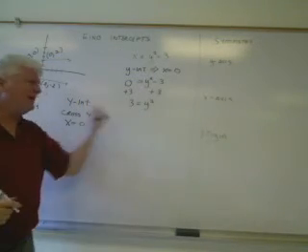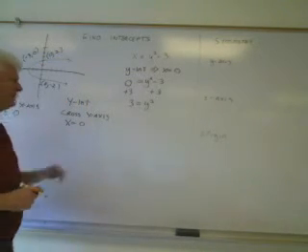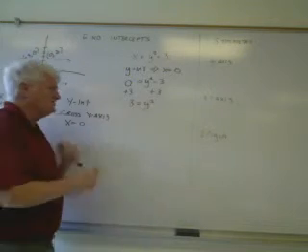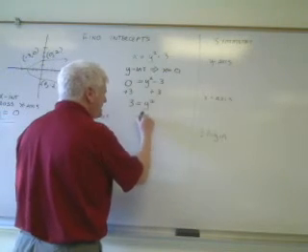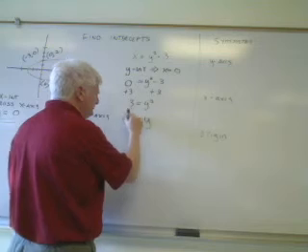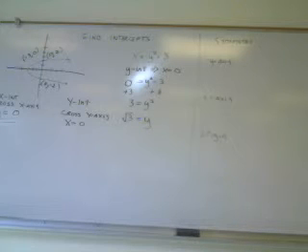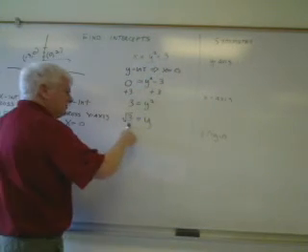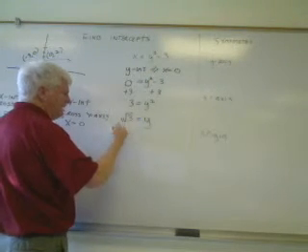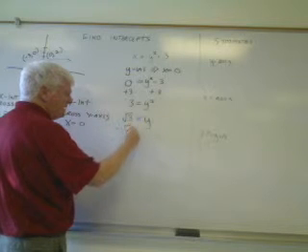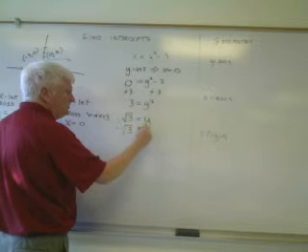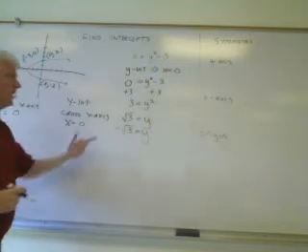And it's tempting when you have one of these y squareds to say, gosh, if y squared is equal to 3, y equals the square root of 3, because the square root of 3 times itself equals 3. But remember, with a square we're usually dealing with two solutions, because not only does the square root of 3 times itself equal 3, but the opposite of the square root of 3 will also work.